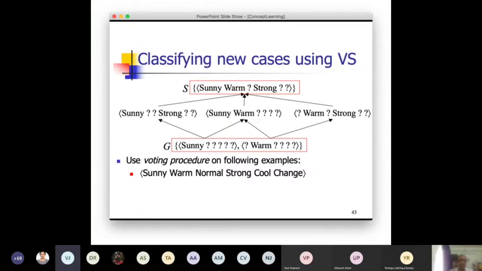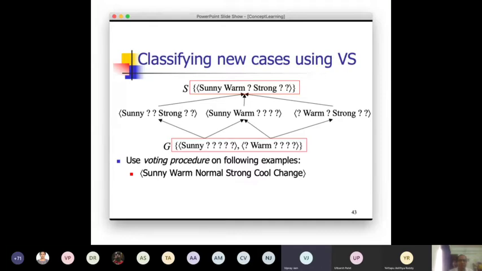So can you tell me what the hypotheses are that would satisfy this instance? All hypotheses will satisfy, sir. Yes, that's very true.